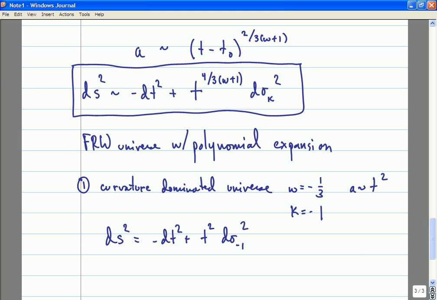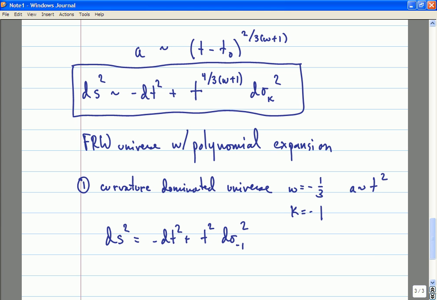Because what was curvature? Curvature was just an effective contribution to the equations of motion that looked like it came from matter, but it actually came from the spatial curvature of the spatial slices of space-time itself. Okay, that's what the geometry looks like.